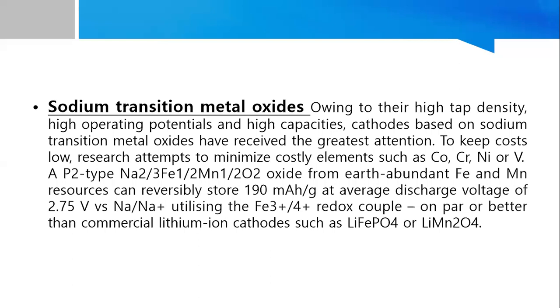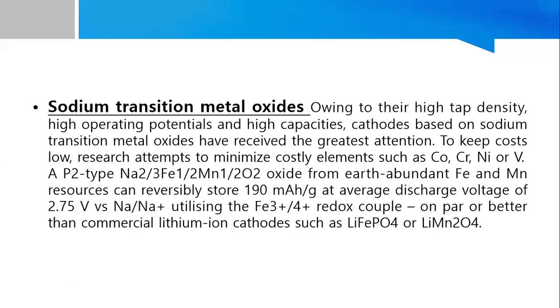Sodium transition metal oxides. Owing to their high tap density, high operating potentials, and high capacities, cathodes based on sodium transition metal oxides have received the greatest attention. To keep costs low, research attempts to minimize costly elements such as cobalt, chromium, nickel, or vanadium.